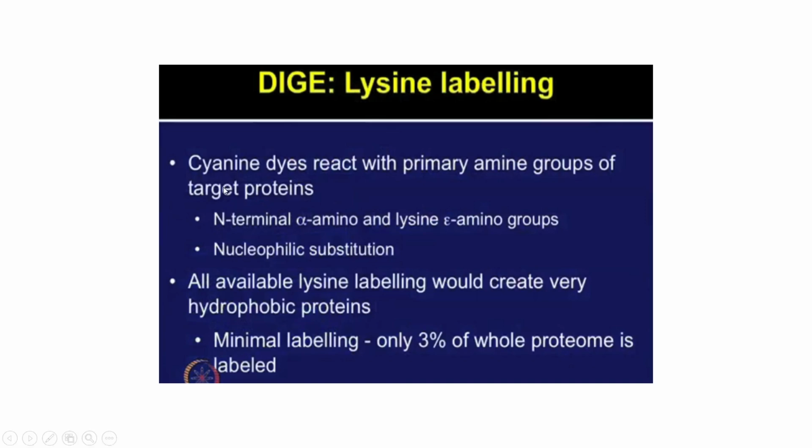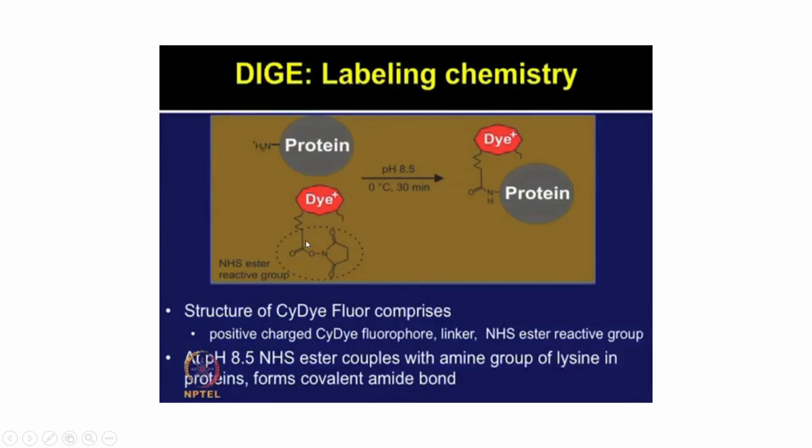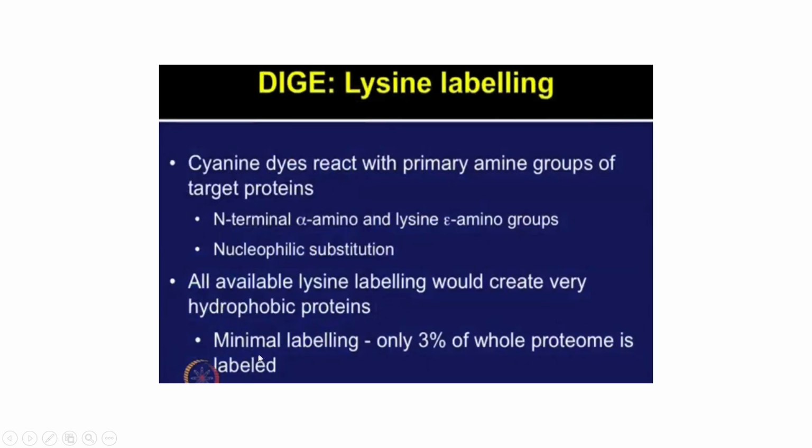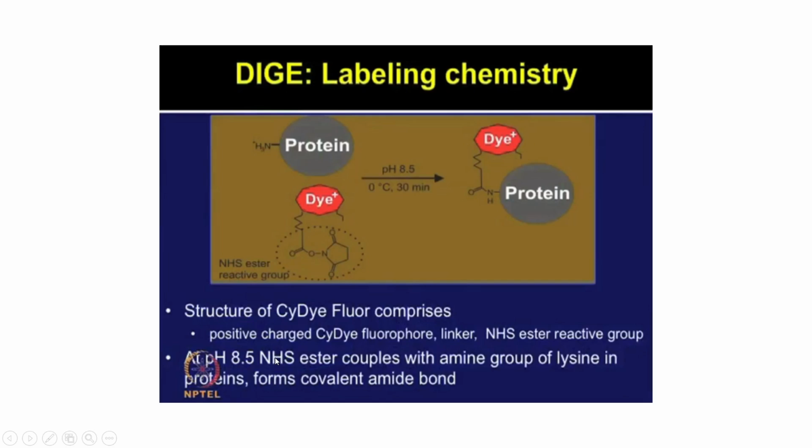Then lysine labeling, where cyanine dyes react with primary amino groups of target proteins, which is lysine. In minimal labeling, only 3% of the whole proteome is labeled. This is how the labeling happens: the structure, how exactly the dye looks, and where it binds to the protein.